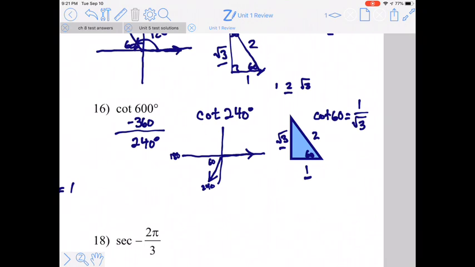And then, since we're using a reference angle, we always consider what quadrant we're in. We're in quadrant 3. And in quadrant 3, tangent and cotangent stay positive. So this answer here is going to stay positive. So the cotangent of 600 degrees is 1 over the square root of 3. And if you're used to not having radicals in the denominator, you can write that as the square root of 3 over 3.